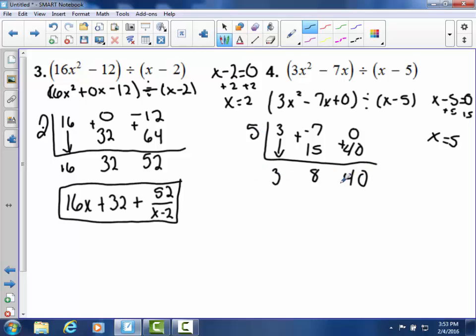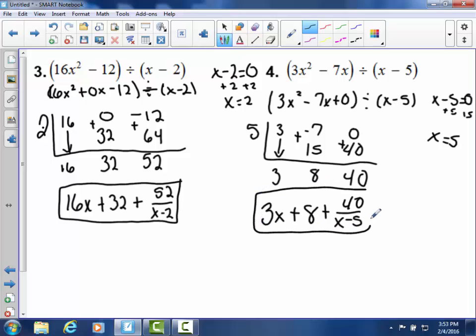Okay. So synthetic division says these are my coefficients and my remainder. So that's going to be 3x plus 8 plus 40 divided by x minus 5. Okay, next one.